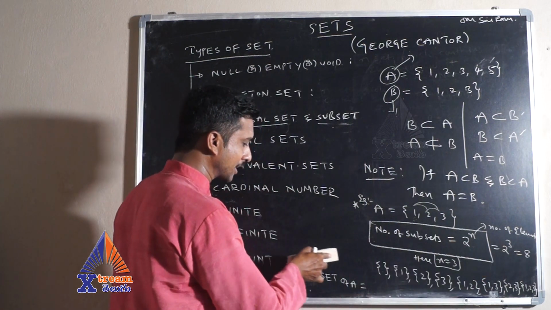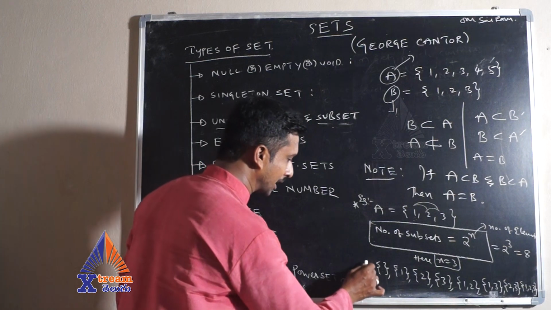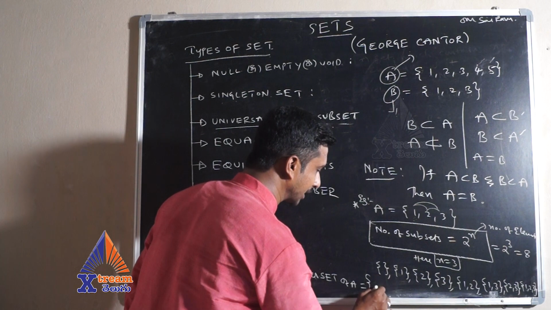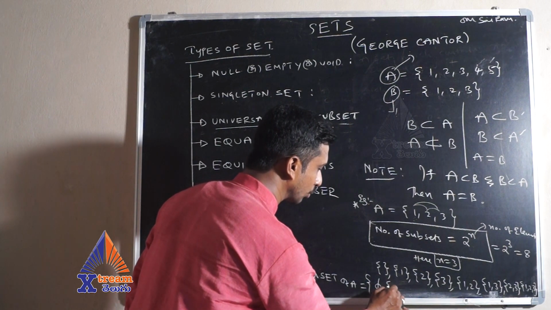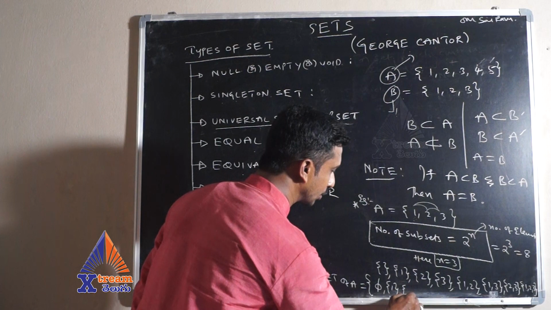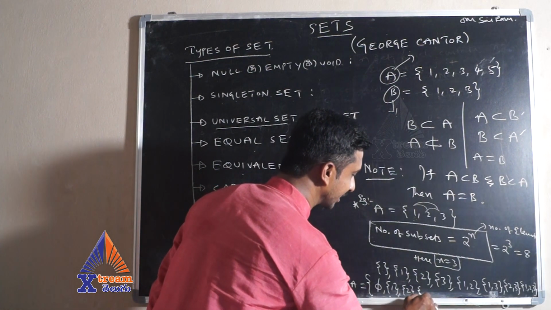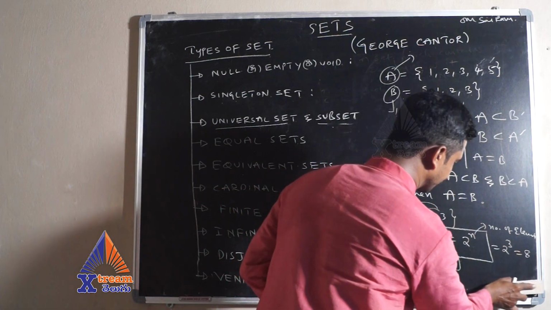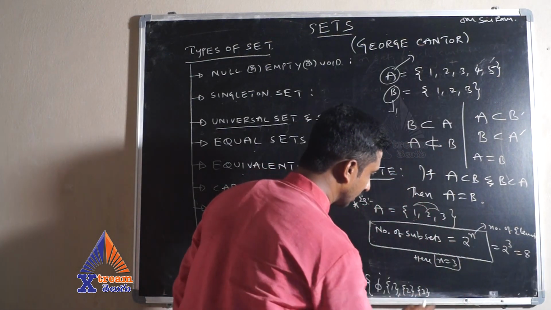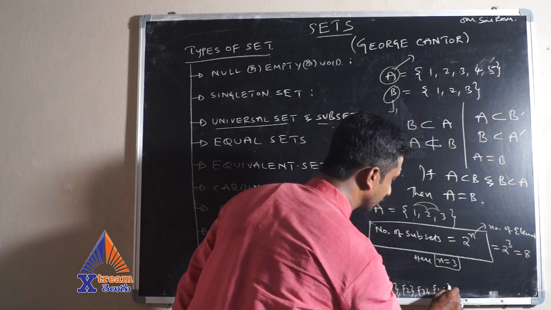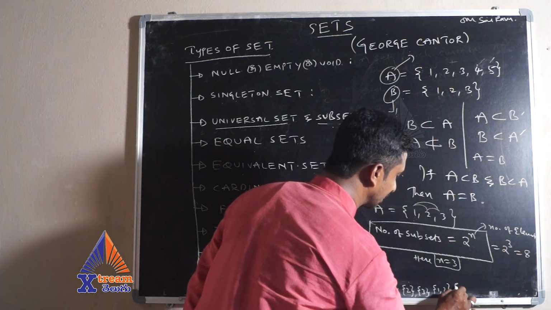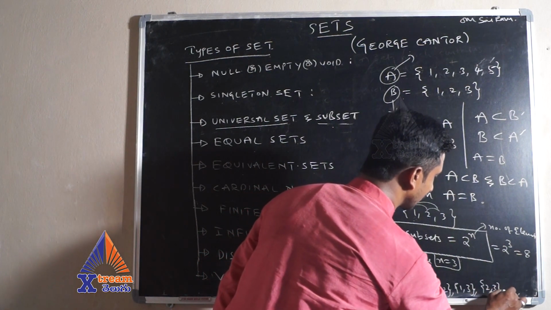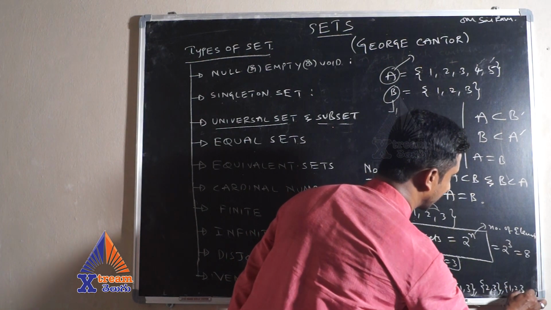So this is the empty set, next {1}, next {2}, next {3}, next {1, 2}, next {1, 3}, next {2, 3}, next {1, 2, 3}.